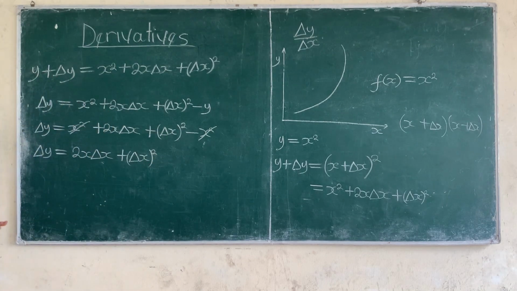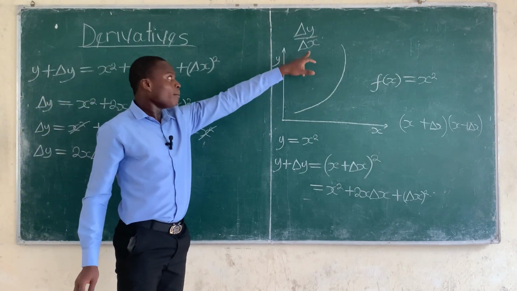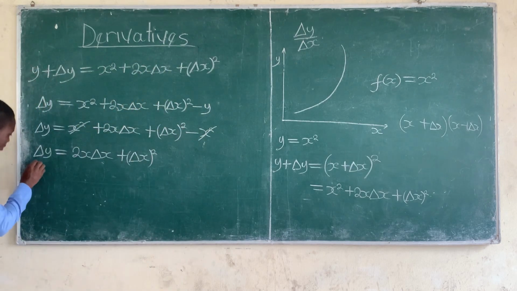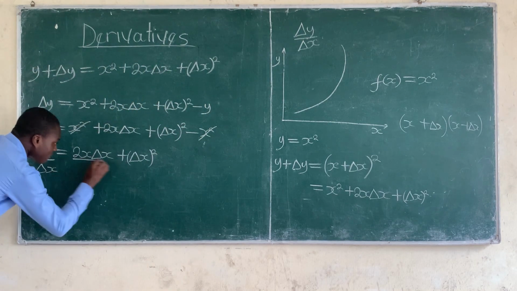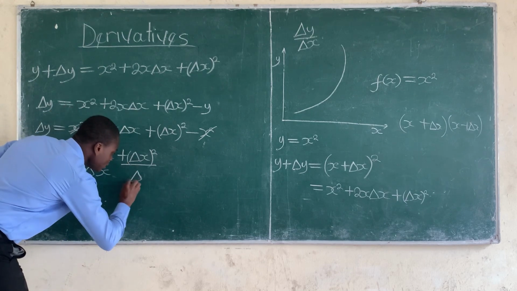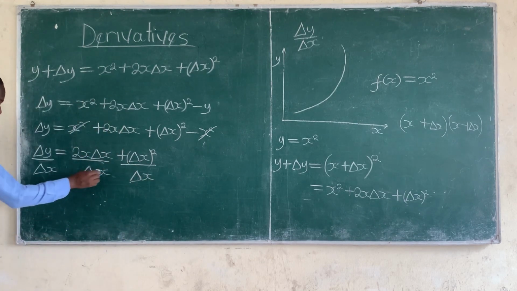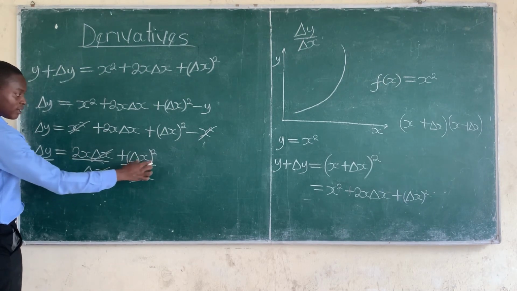And the next thing we are going to do, since we are looking for the slope, we have to divide both sides by increase in x. We divide each term by increase in x. So increase in x cancels out, and we have 2 increase in x here.